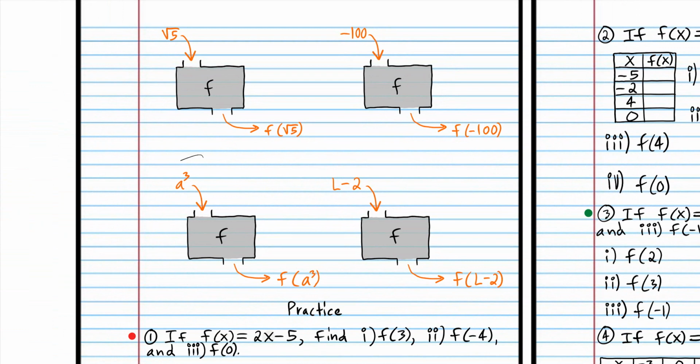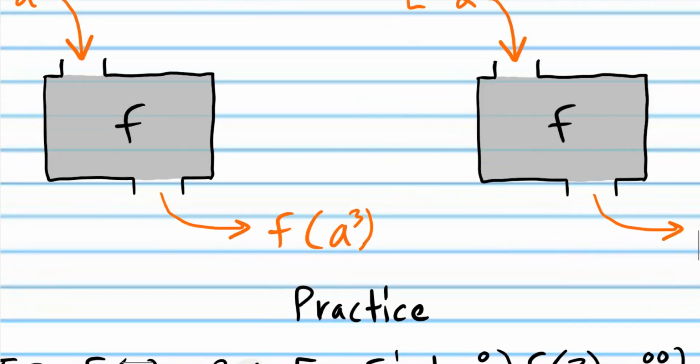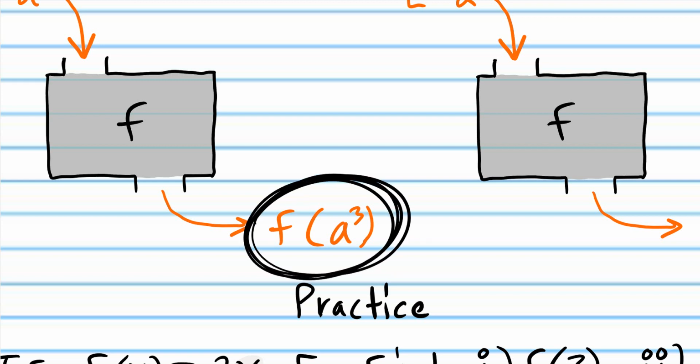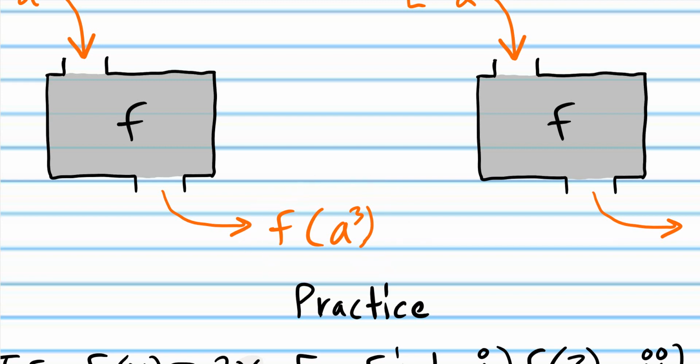Let's say that our input is a cubed and our function is f. Well, then the output would be f of a cubed. So again, this expression tells us the function that we're using and the input that we plugged into the function, and it is notation that we use for the output.